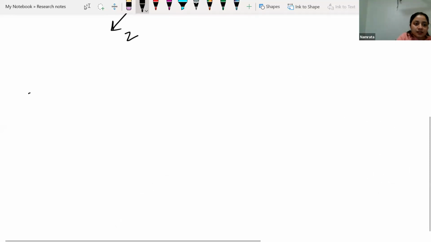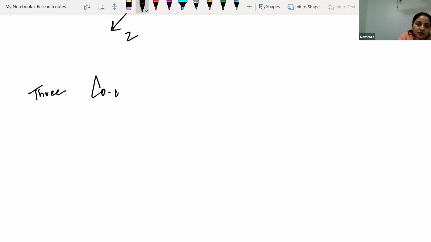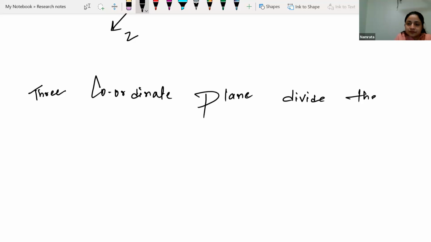From here we can say 3 coordinate planes divide the space into 8 parts.